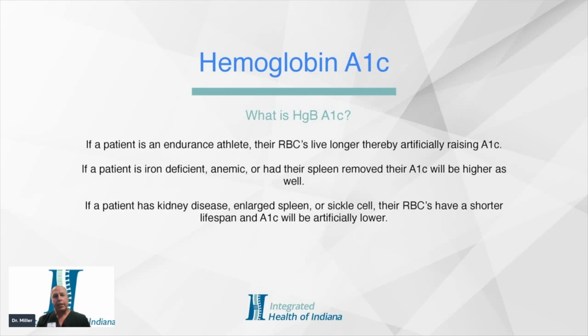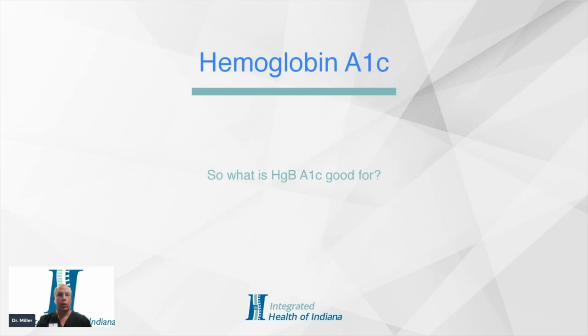Also, if a patient is iron deficient or anemic, or if they've had their spleen removed, A1c will be higher as well. If that patient has kidney disease, an enlarged spleen, or sickle cell anemia, their red blood cells have a shorter life, and so A1c will be artificially lower.